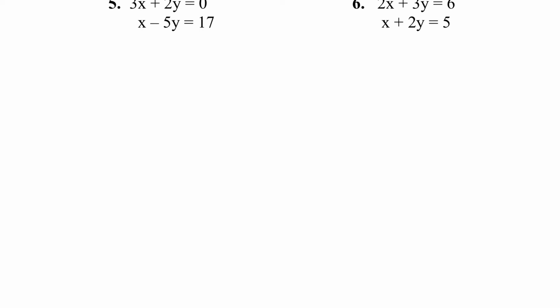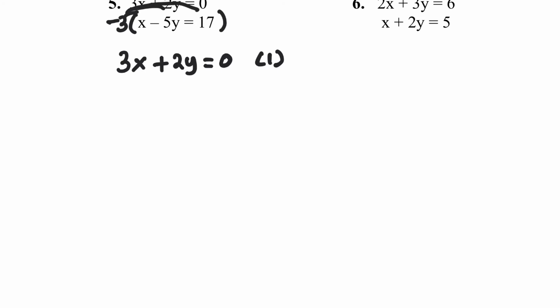You notice that we can't obviously eliminate one of the variables, but if we could have a negative 3 here, we know that that would cancel. So I'm going to rewrite the system. 3x plus 2y equals 0. That's my first equation. The second equation, I'm going to go ahead and apply the distributive property.